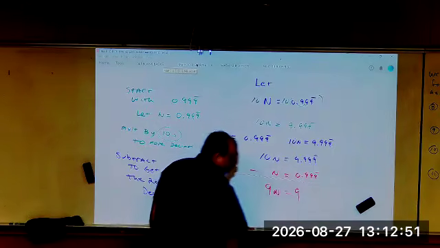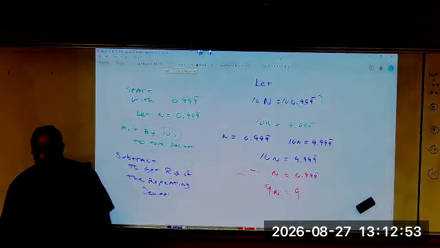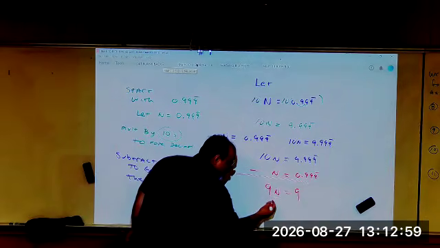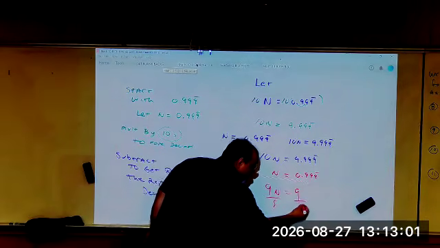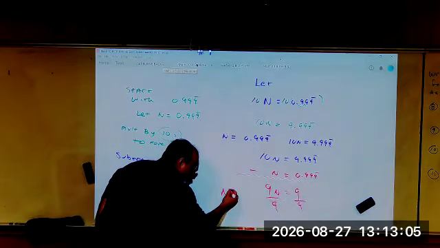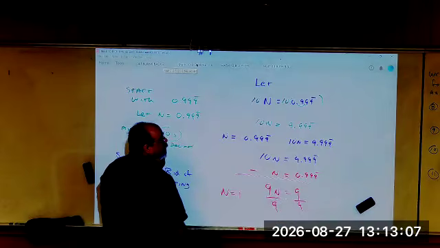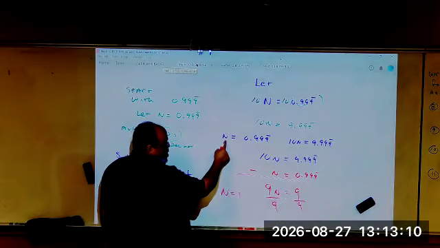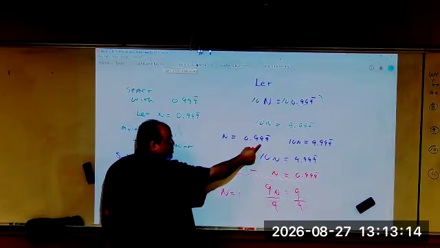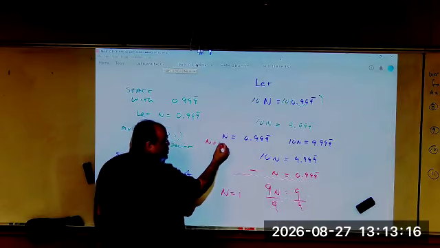All I have left is 9. All the decimal is gone. So now I have 9 times n equals 9, divide by 9. And I end up with n equal to 1. Well, wait a second. N started off as 0.9 repeating. I just got n equals 1.